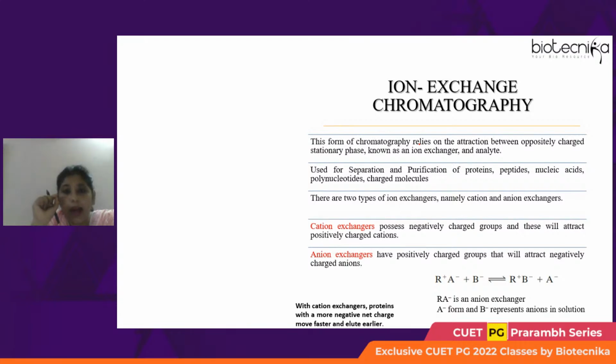Now just see the term ion exchange. What is ion? I'm sure you have heard about two ions, cations and anions. Cations positive charge, anions negative charge, right? So we are exchanging with what? Let's find out.